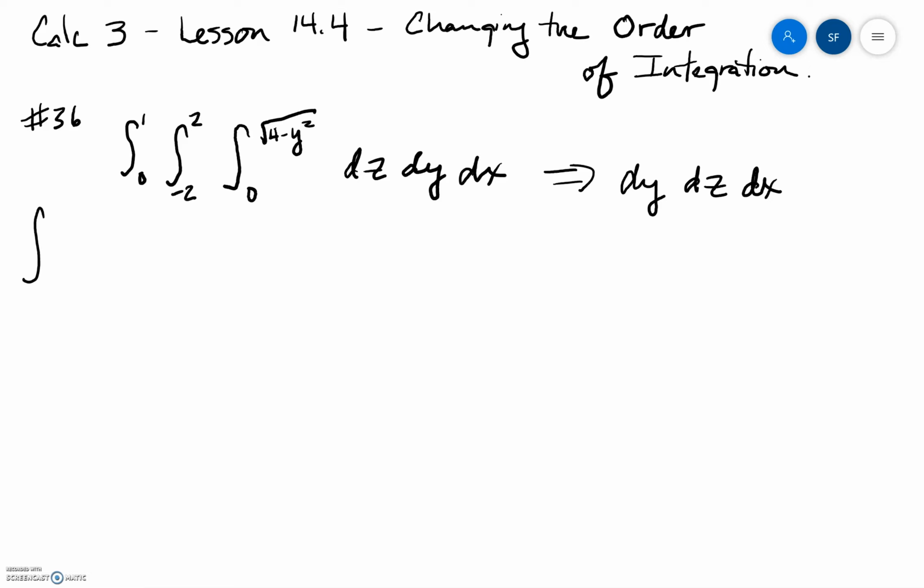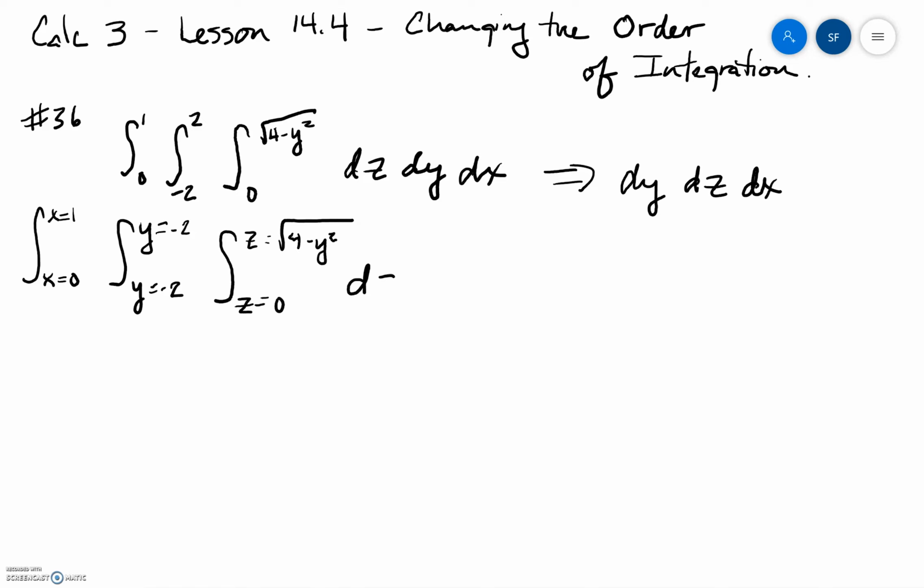So the first thing I like doing, just so I can try to keep everything straight, is I personally like putting in all of these variables to remind myself what variables are actually changing for each one of these integrals. So remember, you do this from the inside out.